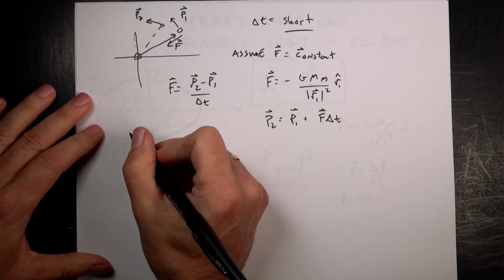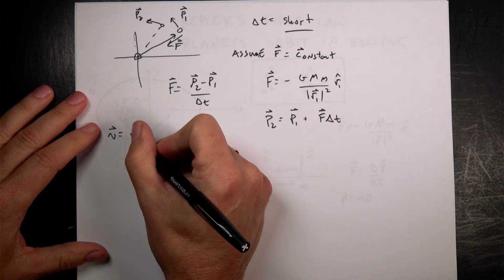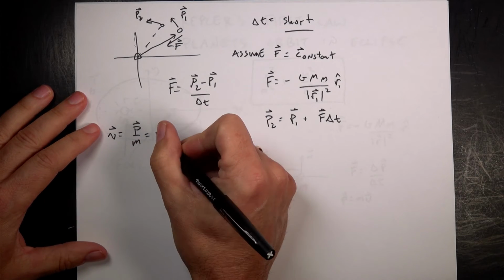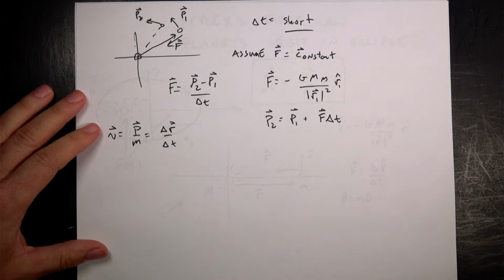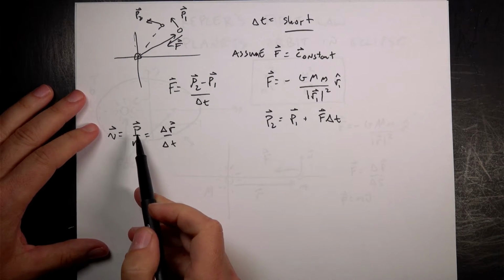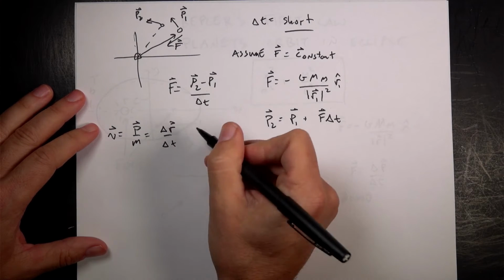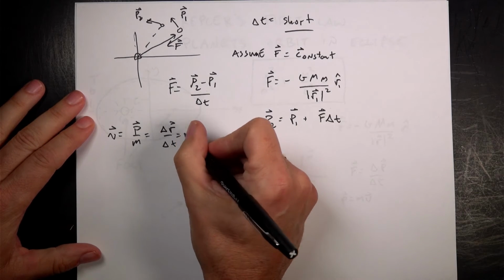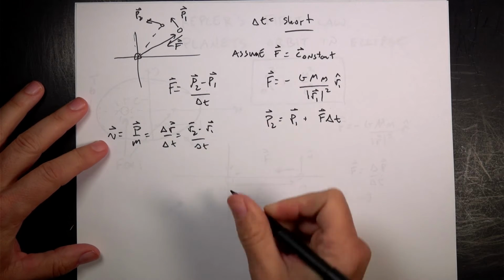Then I can say the same thing about velocity. I can say the velocity is P over M, which is equal to delta R over delta T. And again, if I assume velocity is constant over this time interval, which it totally is not, but kind of totally is, then I can write this as R2 minus R1 over delta T. And I can solve for R2.